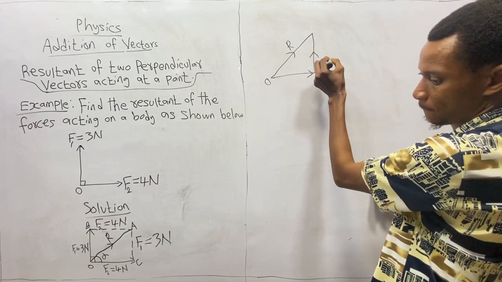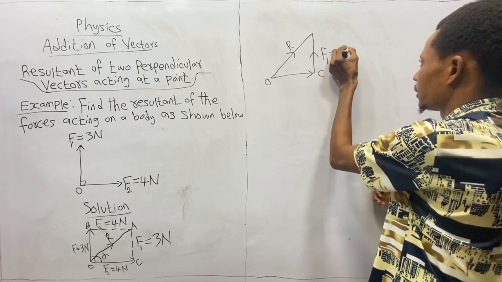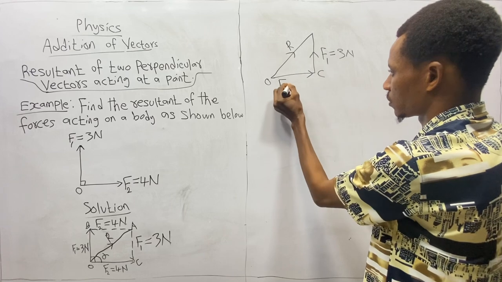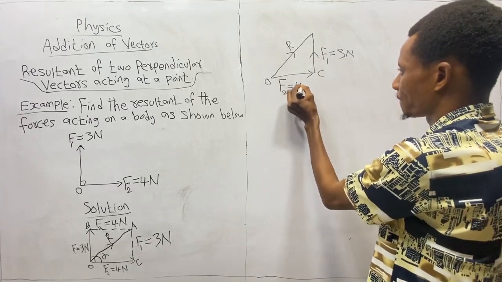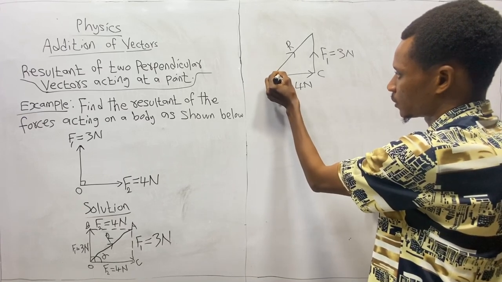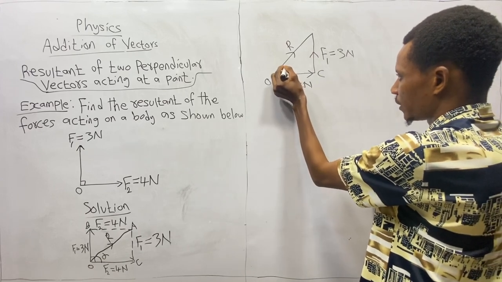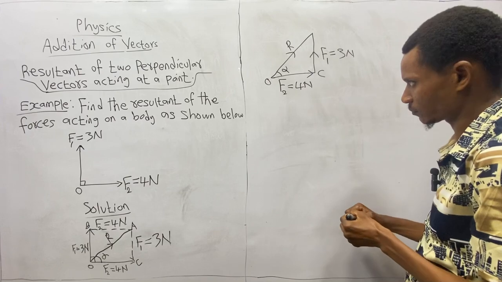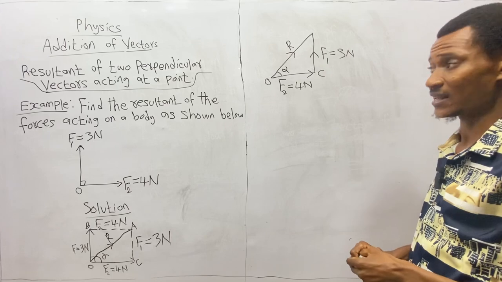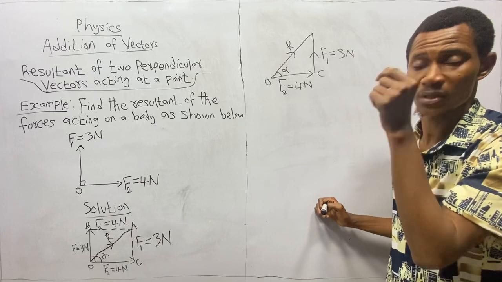This is your F1, which is equal to 3 Newton, while this is your F2, which is equal to 4 Newton. While this is the angle that the resultant vector makes with the horizontal. That angle will be given as alpha. So your arrow is the magnitude of the resultant force vector, as I've said earlier, and your alpha is the direction of the resultant force vector.